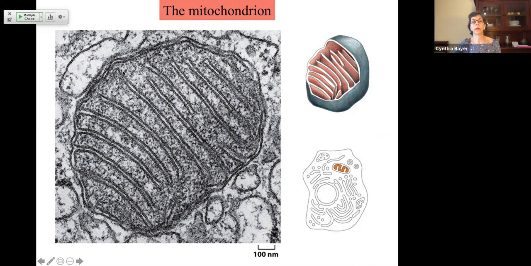All of the following reactions are occurring in the matrix, and having these 2 membranes also forms a second compartment that we call the intermembrane space. So we actually have 2 compartments separated by an inner membrane, and that's going to be really important for electron transport and generation of ATP.